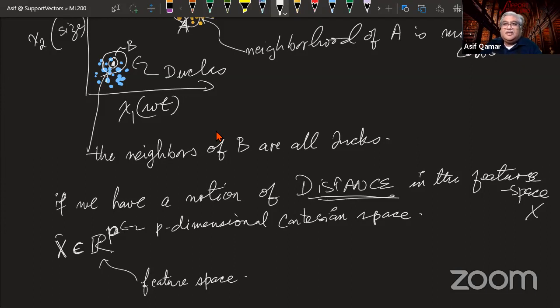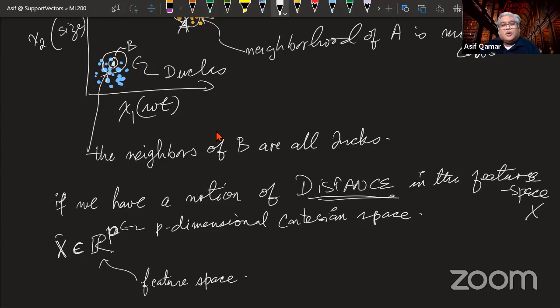If you're looking at the color of the animal, what is the distance between a blue and a green? It's not defined unless you're looking at the wavelength of light. And let's say we don't. Then there is no well-defined notion of green animals versus blue animals, or bluebirds and so forth.